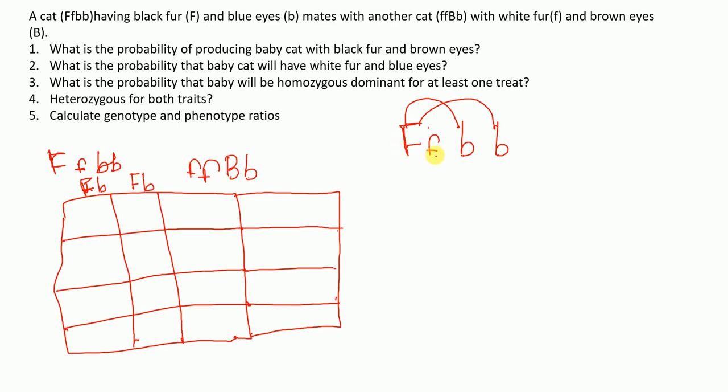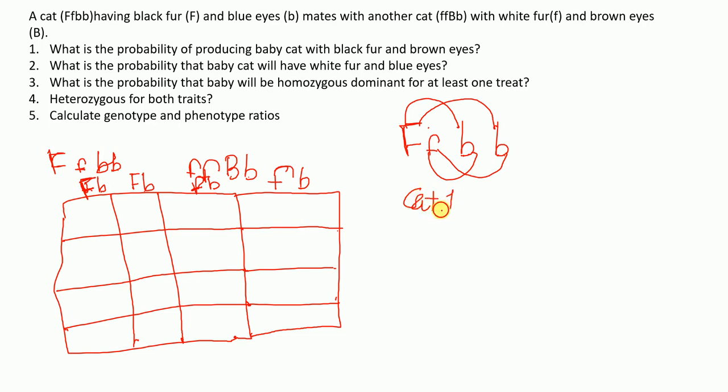And this small f will pair with this b, and this small f will pair with this b. So which means small f, small b, and here small f, small b. Okay, this is cat 1, right?